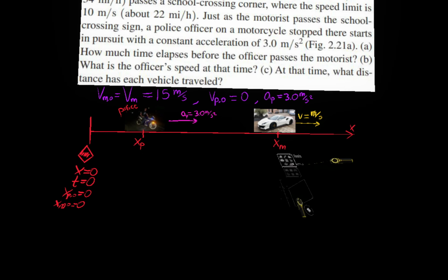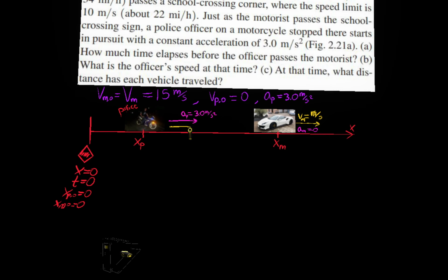But his acceleration is 0. He's not accelerating, right? So a of the motorist equals 0. And this velocity here is, of course, v sub m for the motorist. And the velocity here is changing.